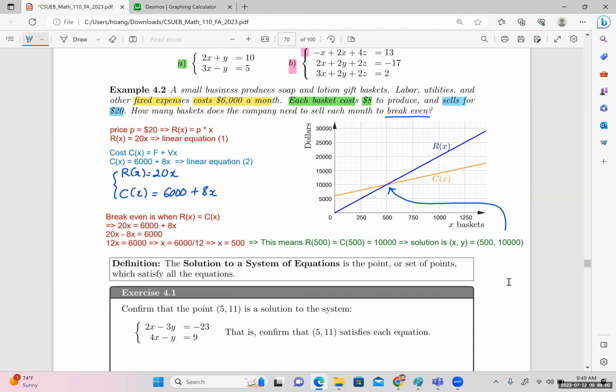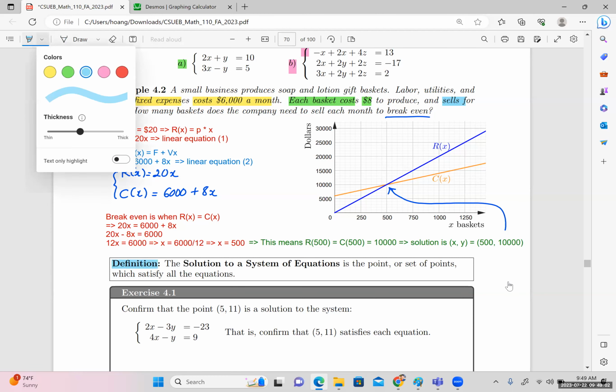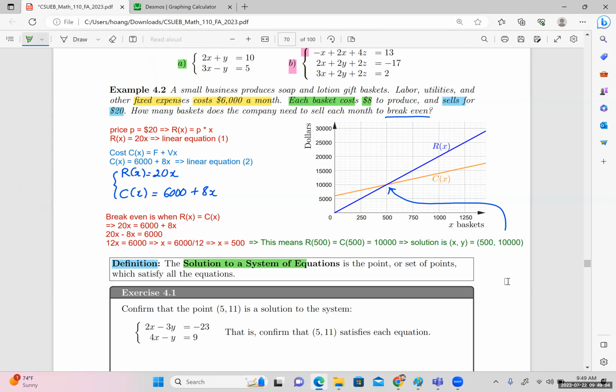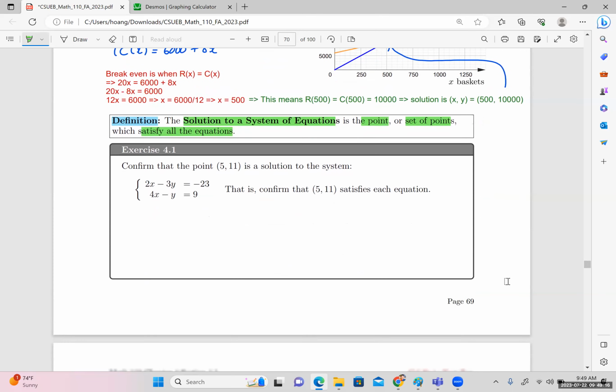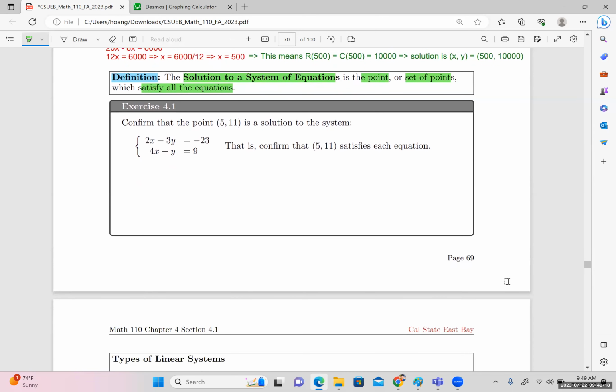Definition: the solution of a system of equations is a point or set of points which satisfy all the equations. What does that mean? Let's have an example, exercise 4.1 below. We want to confirm that the point (5, 11) is a solution of the system. How can we do that?